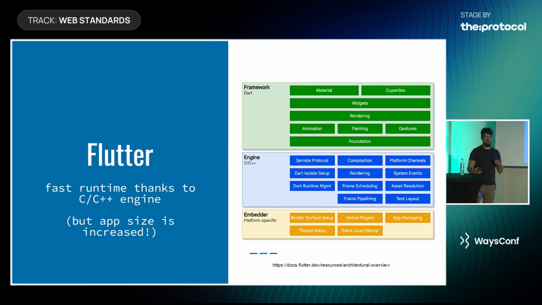But there is a downside of it all, because with native applications, the size of an app is like 5 to 6 megabytes. And when you create a Flutter application, you need to add to the artifact the whole Flutter runtime, and the most simple app size is at least 20 megabytes.